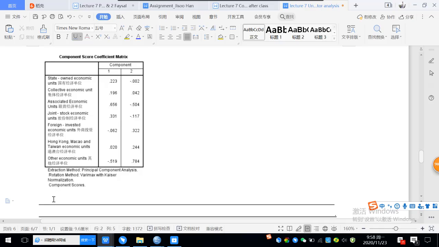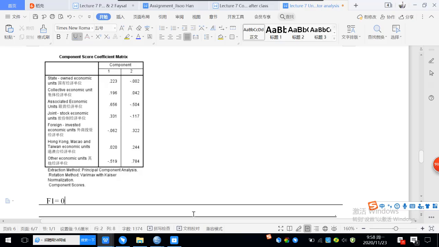Okay, so we can write down the regression model to calculate factor 1. I told you component 1 is factor 1, and factor 1 we can use F1. F1 coefficient is 0.223, right?